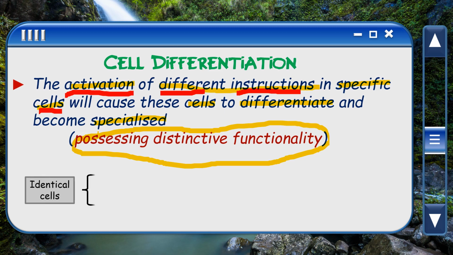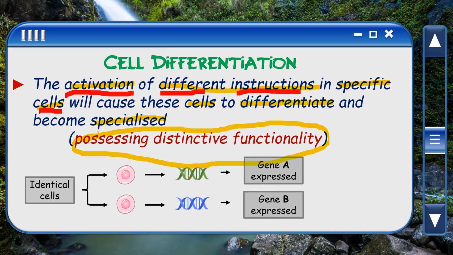So we have identical cells. These two identical cells are going now to possess different gene expressions, but they were identical, and all of them have got chromosomes, and these chromosomes have got specific genes.